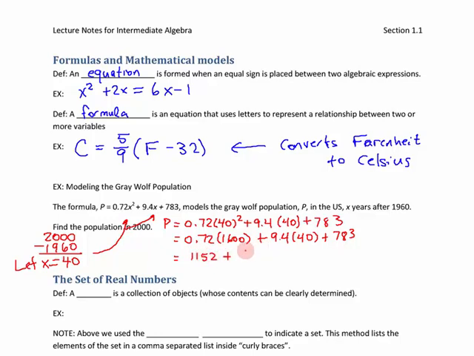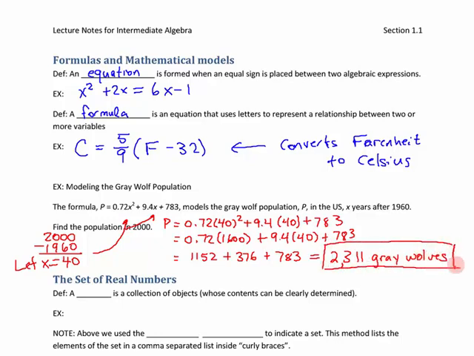If I take 9.4 times 40, I get 376 plus 783. If I add those numbers up in my calculator, I came up with 2,311. Okay? Now, because it's a word problem, I need to interpret my answer, 2,311. Gray wolves is the units that we're talking about in this particular example.